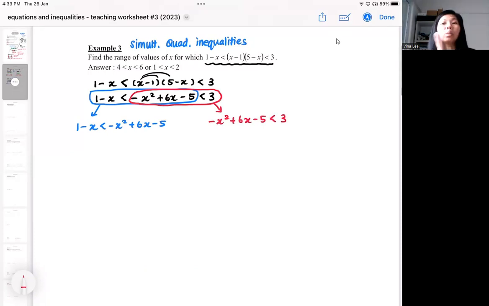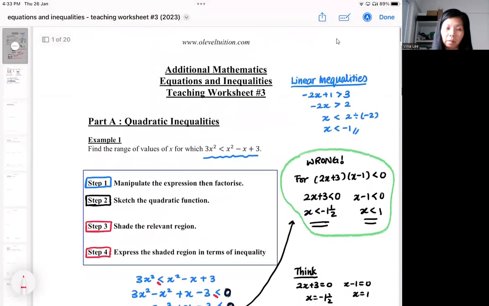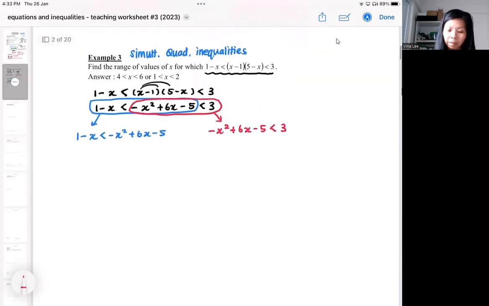So these are the two simultaneous inequalities. It's something like equation 1, equation 2. You perform like a single inequality. So you recap the steps that you have encountered in example 1. So I'm going to redo the steps.